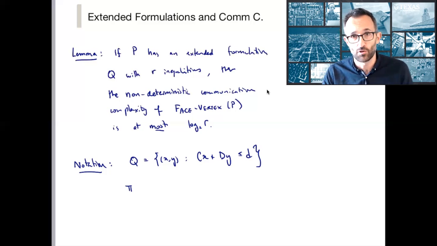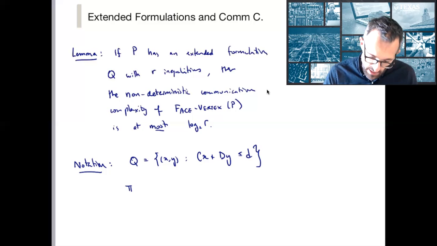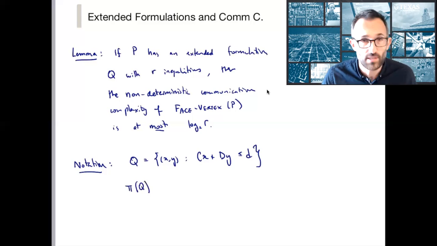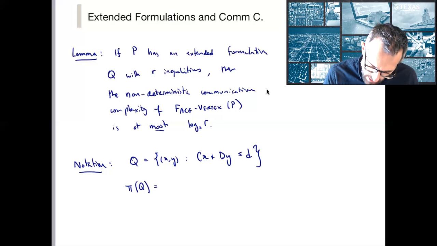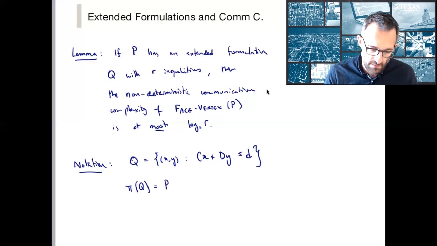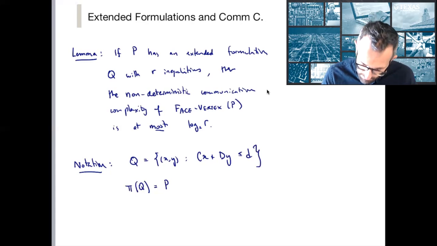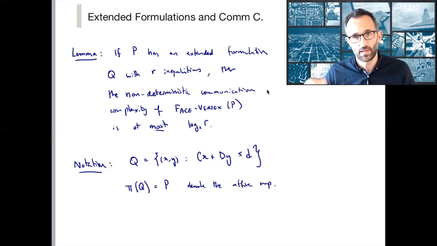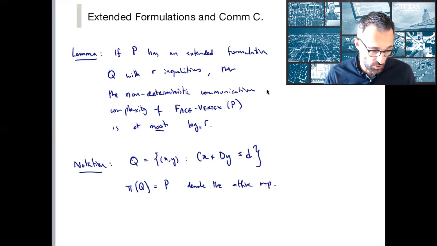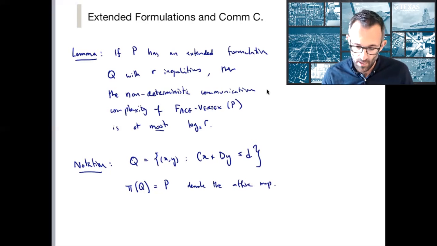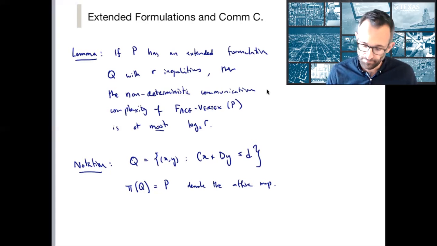It's just selecting the first coordinates. But we don't always have to restrict ourselves to such a map, though it really comes without loss of generality. So in other words, I'm just going to let pi, which might be a projection or not, denote this affine map from an extended formulation Q to P.